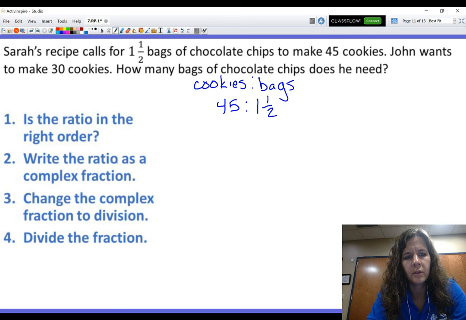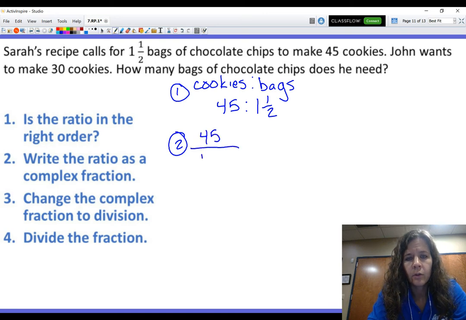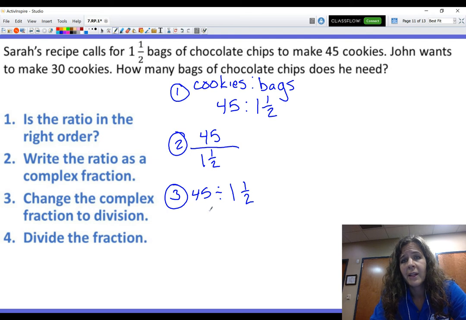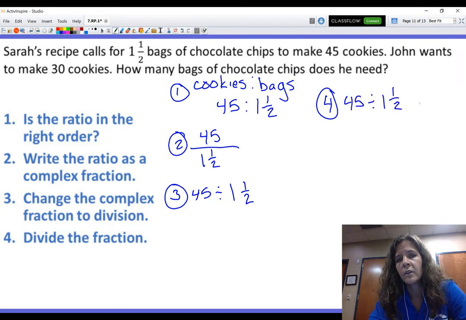Okay, right order. Let's see, write the ratio as a complex fraction. So that's step 1. Step 2 here would be 45 over 1.5. Change the complex fraction to a division problem. So step 3, we have 45 divided by 1.5. Now, if we're going to divide this, step 4, the first thing we have to do is change everything to improper fractions.